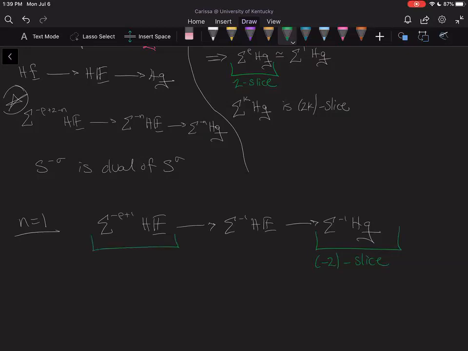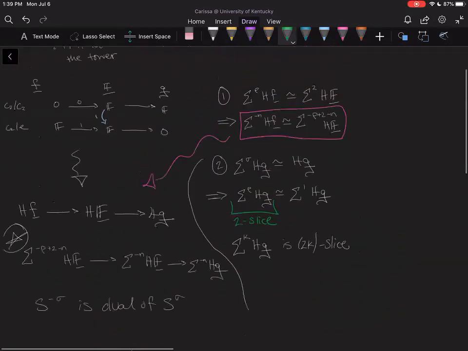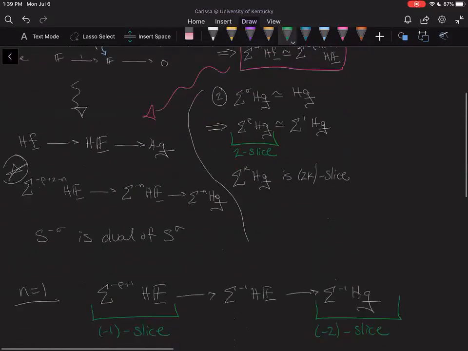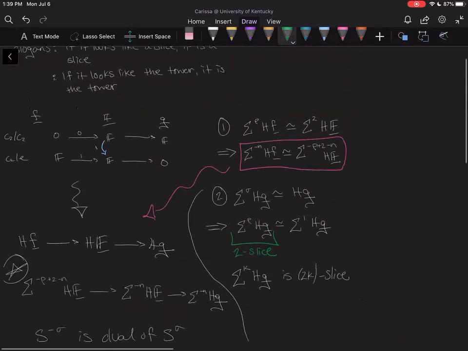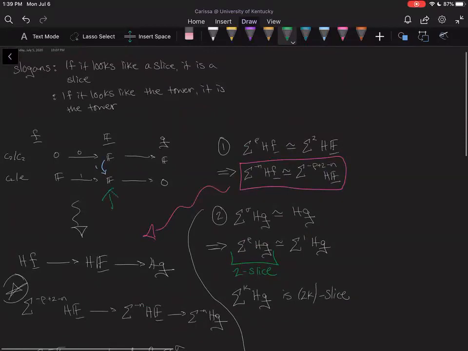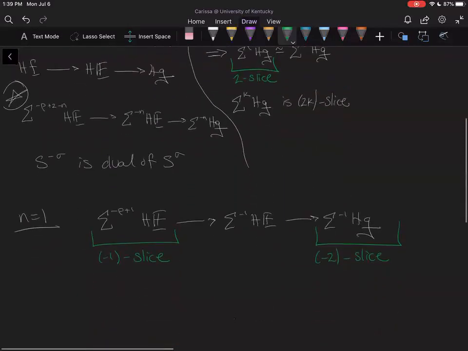This is a negative 1 slice. Now why? Well, one suspension of an Eilenberg-MacLane spectrum is a 1 slice if and only if the restrictions are injective. The restrictions are injective here. And then when you suspend by negative rho, you're just subtracting 2 from that slice. So that's 1 minus 2.